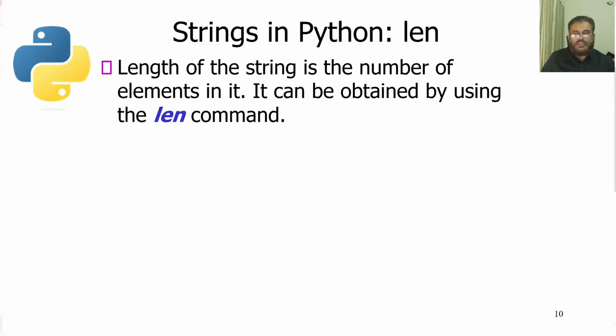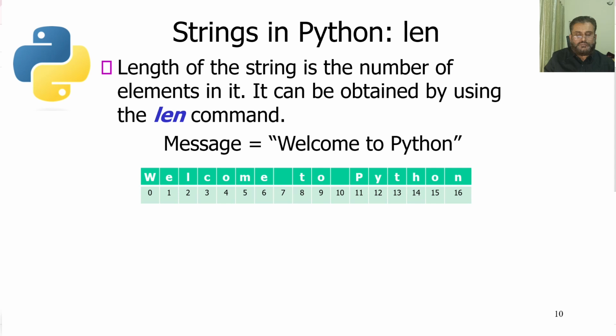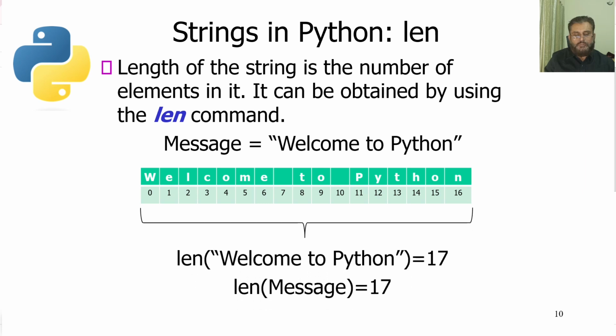Python also provides us a function called len. We can find out the length of the string by providing the string as a parameter to this len command. For example, our string is stored in the variable message. We can either input the whole string enclosed in double quotes to the command len, or we can also input the variable message, and it will give the output in the form of its length.